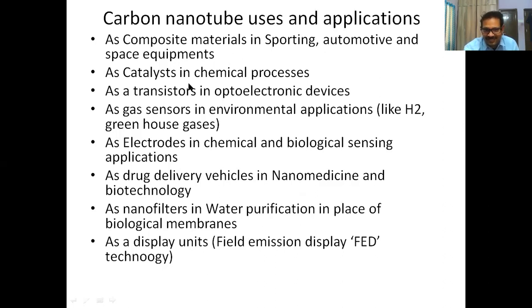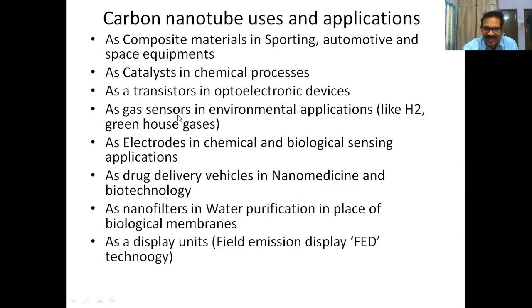They play a role as catalysts in chemical processes. They play a role as semiconducting materials, and they are used to prepare transistors in optoelectronic devices. At the same time, they are used to hold gases.